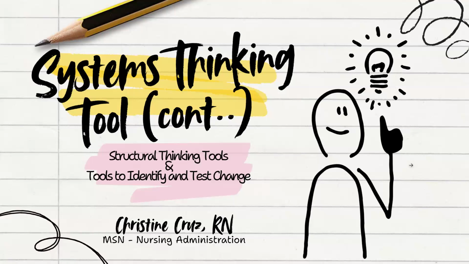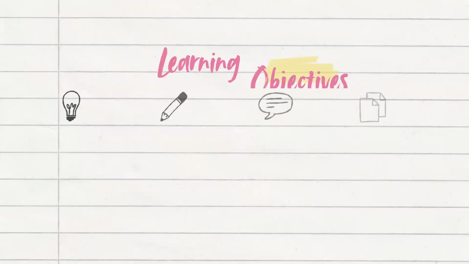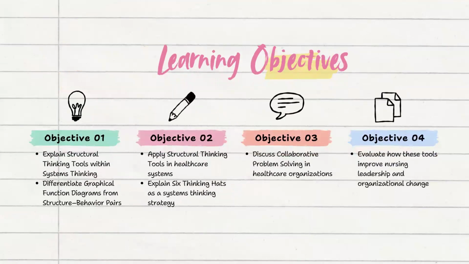These tools are valuable for nurses, rad techs, and healthcare professionals, because safe and effective patient care depends not only on individual performance, but on how well our entire healthcare system works together. By the end of this presentation, I hope you'll understand not only what these four tools are, but also how you can apply them in your own units to improve communication, patient safety, teamwork, and quality of care.